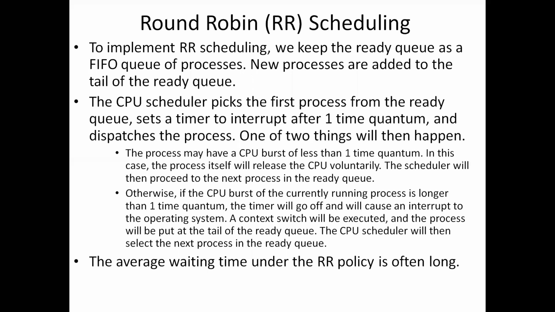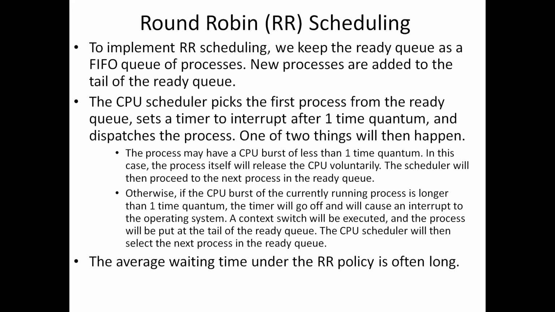A new process is added to the tail of the ready queue. The process which is added first will be at the head of the queue, and the process added later will be at the tail. The CPU scheduler picks the first process from the ready queue. What will the CPU scheduler do?